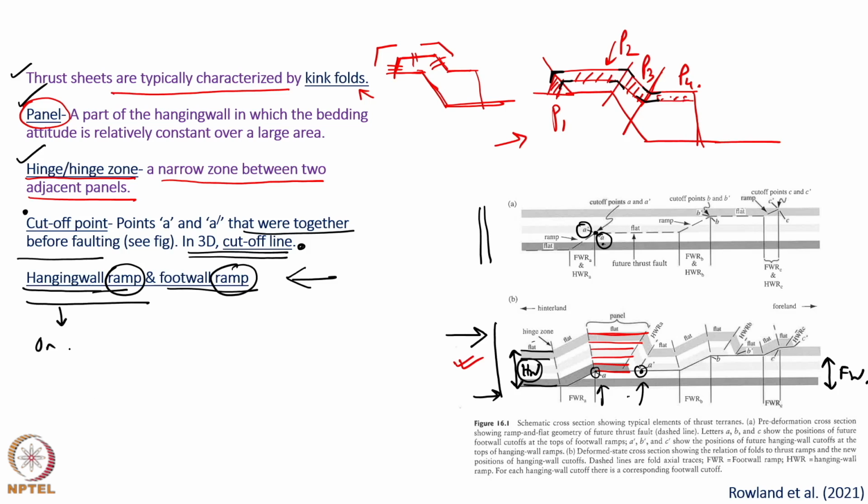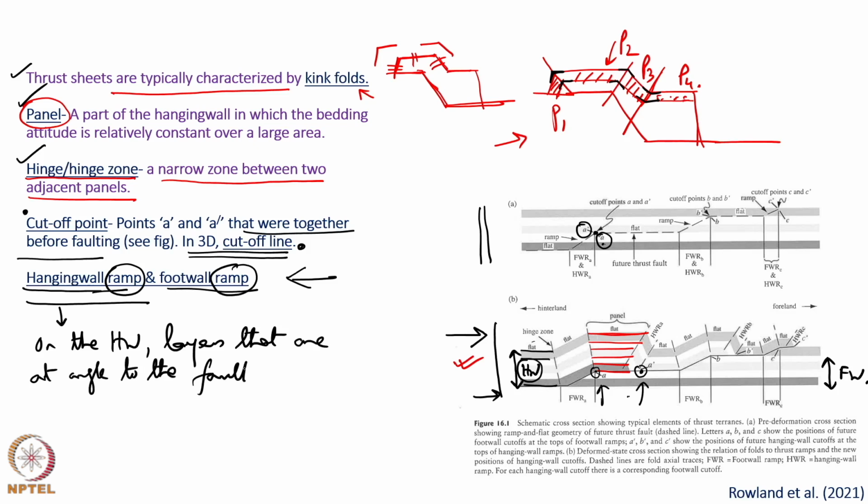On the hanging wall, layers that are at an angle to the fault are called hanging wall ramp. For example, here the layers are at an angle to the fault plane.